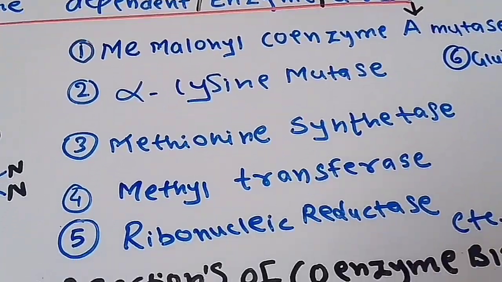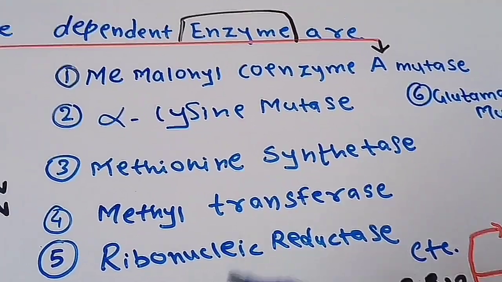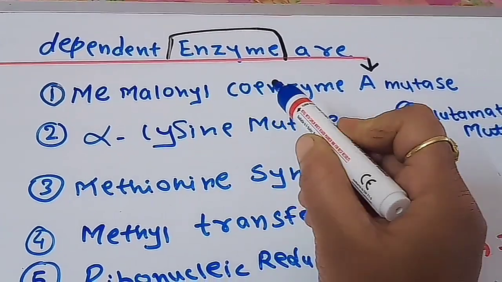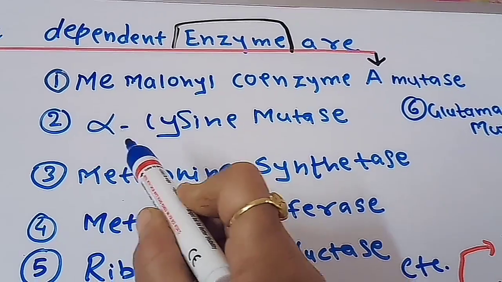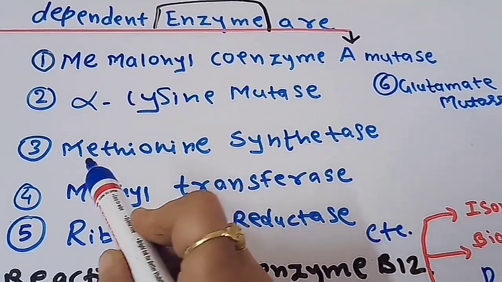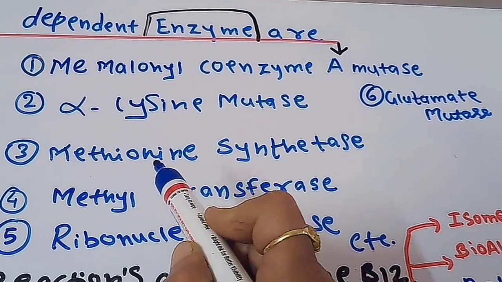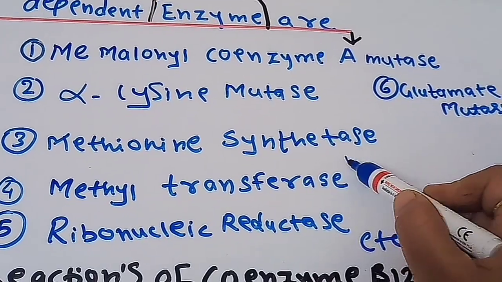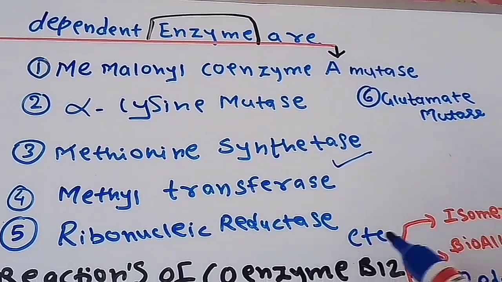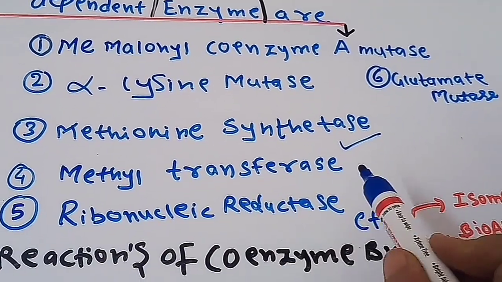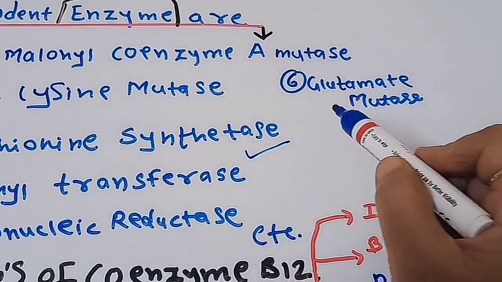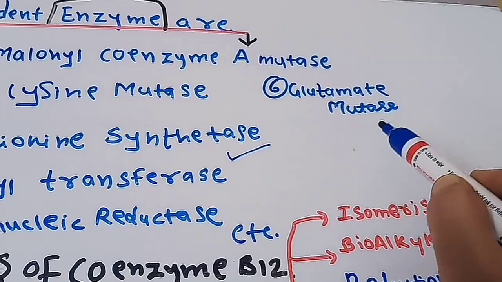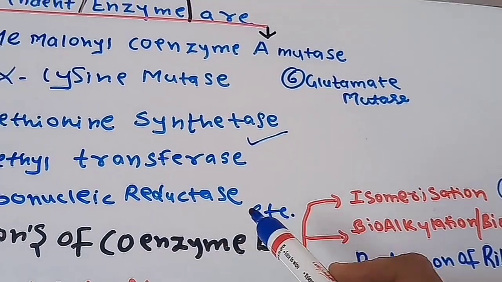The important enzymes are methyl malonyl coenzyme A mutase; second, alpha lysine mutase; third, methionine synthetase, a very important enzyme which we will see in detail; methyl transferase, ribonucleotide reductase, and one more, glutamate mutase, and there can be many more.